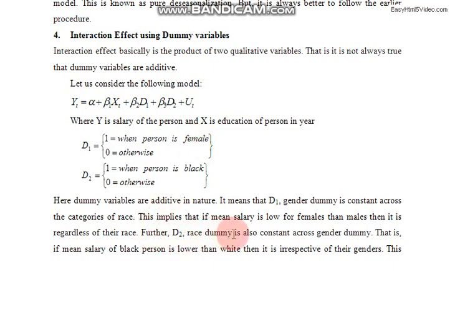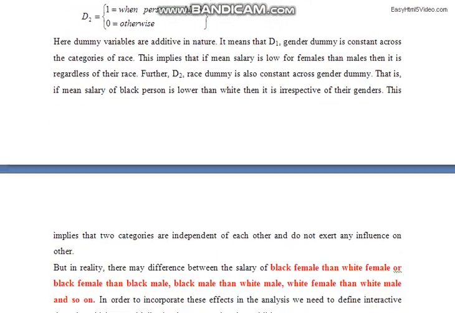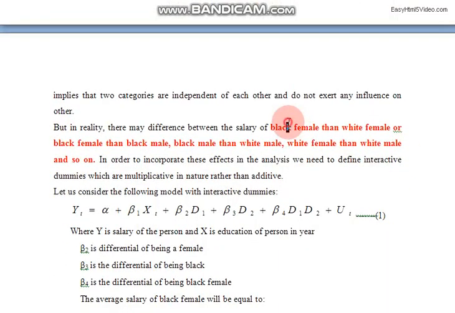Similarly, D2 is the race dummy and it is also constant across the gender dummies. If the salary of a black person is lower than that of a white person, it is irrespective of their gender, whether he or she is male or female. So this implies that the two categories are independent of each other and do not exert any influence on each other.